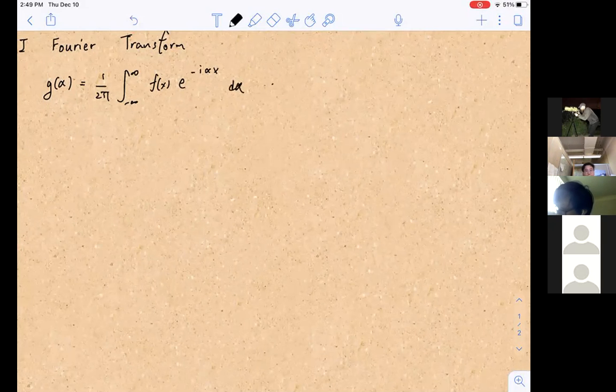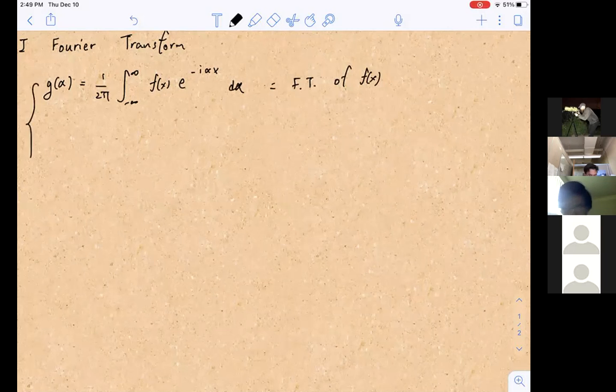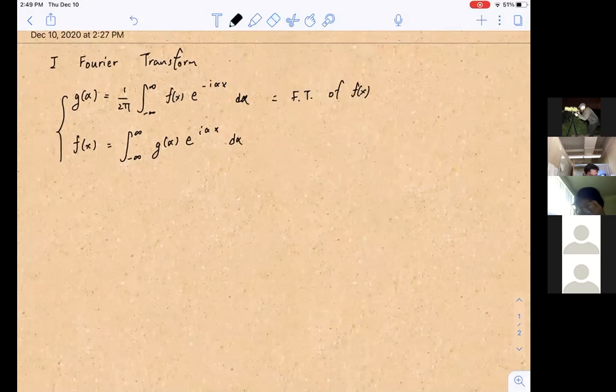So this is the Fourier transform of f of x, and you can transform back. So this forms a Fourier pair: f of x is the integral of g of alpha e to the I alpha x d alpha. Right, so we have that.